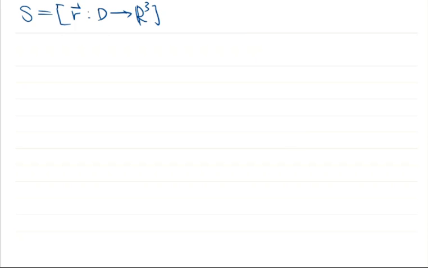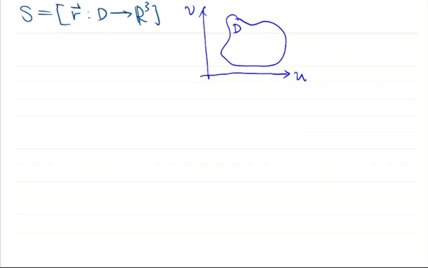This is the UV plane, and this is a region D, and this is R, the parametrization map. Of course, the image of D is the surface S, but to make the picture easy to read, I don't draw it.